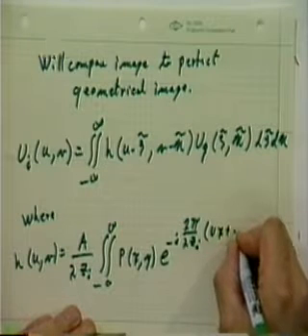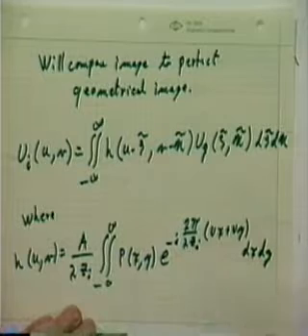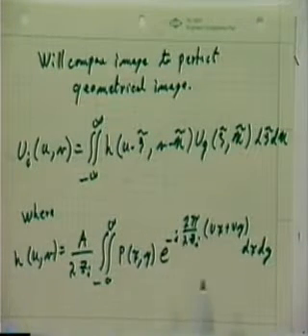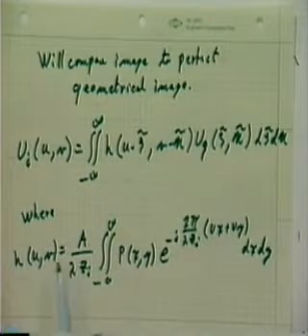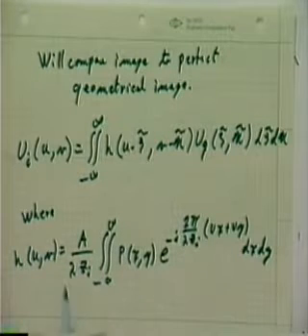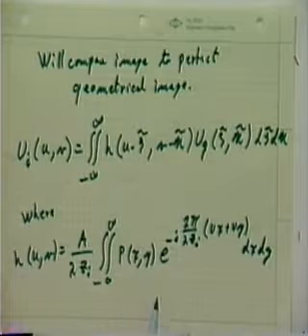Integral of u x plus v y dx dy. Okay, so h is what we'll call the amplitude point spread function, and it's what we get for the image of a point source, and so it's just a diffraction pattern produced by the optical system.